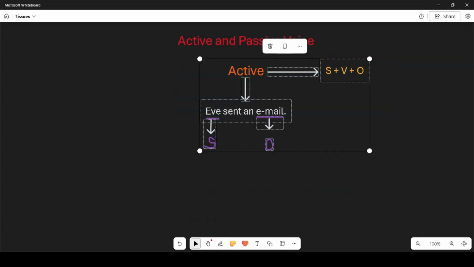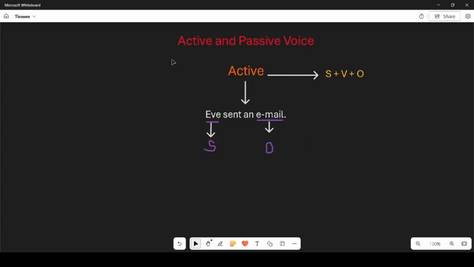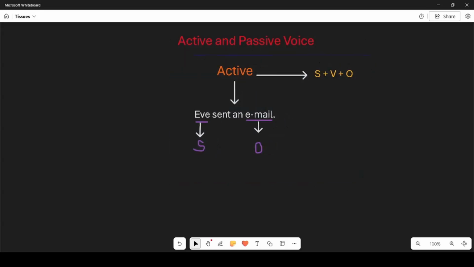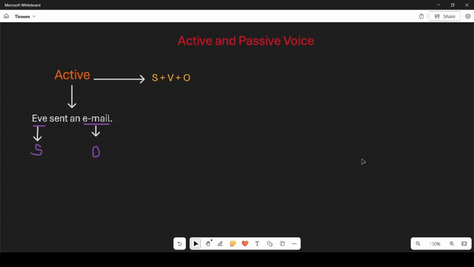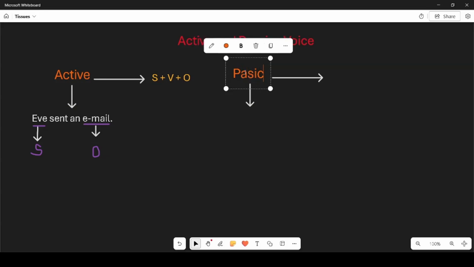It's pretty simple to explain. Now let's take an example of passive voice.